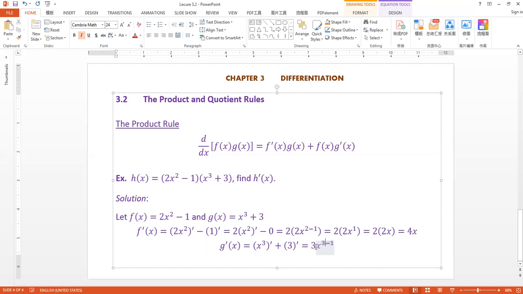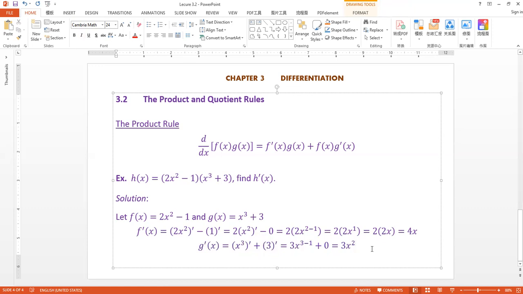So that'll be 3 times x to the 3 minus 1. All right. So that's 3x to the what? 2, isn't it? 3 minus 1 is 2. Once again, we don't have to worry about 0 in the second term.